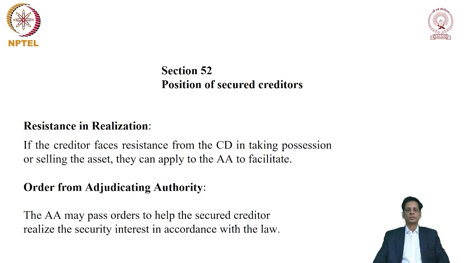What can be the order from adjudicating authority? The adjudicating authority may pass an order to help the secured creditor realize the security interest in accordance with the law, and this makes your life smoother to realize the asset.